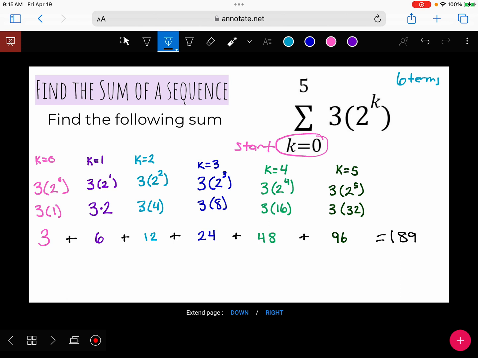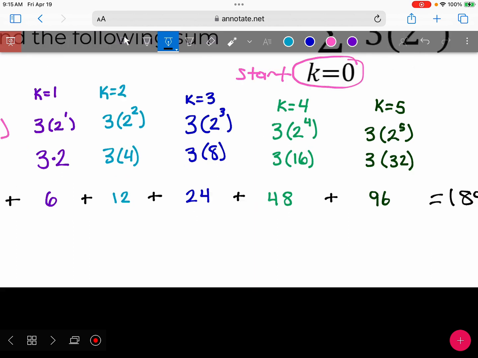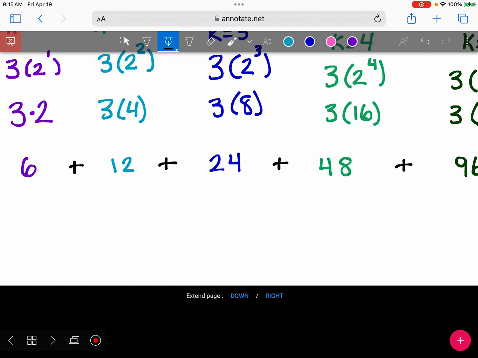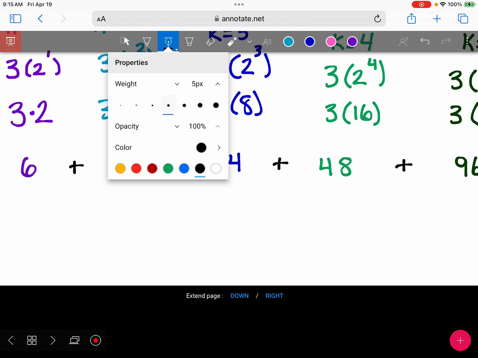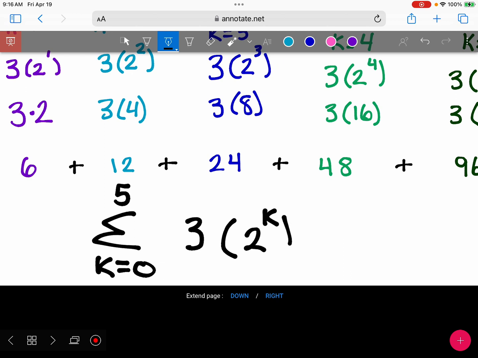So again, I'm going to write the whole sentence just so that we get some practice writing all these things. I'm going to make this a little bit thicker. The sum from k equals 0 to 5 of 3 times 2 to the k equals 189.